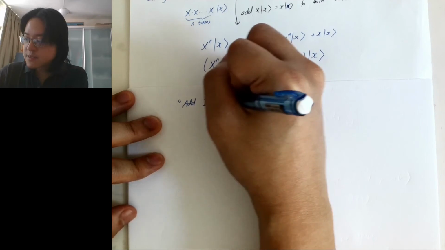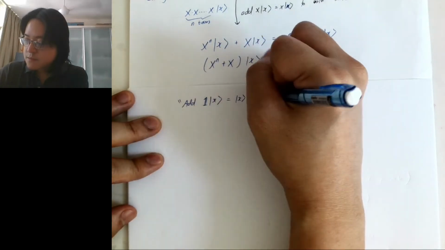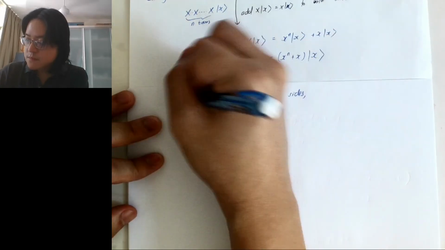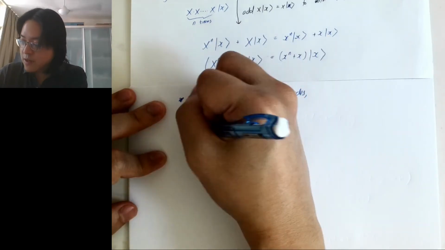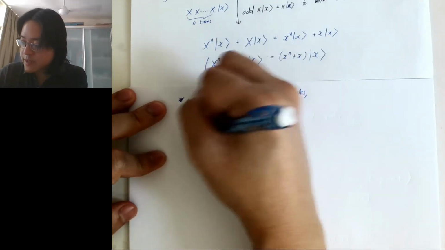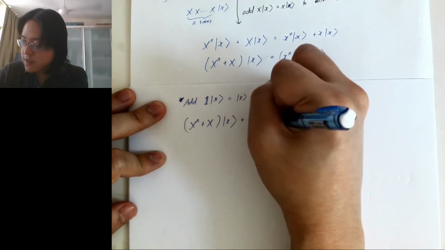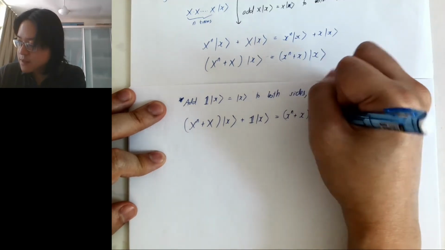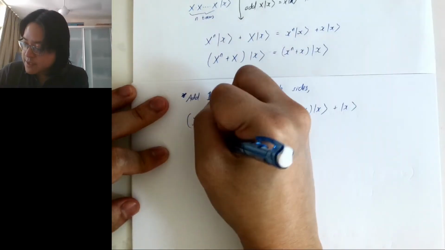Yes, add 1 to both sides. I think it is very clear what is happening here. If I add 1 to both sides, it's like plus 1 times the state, so it's just x to the power n plus x plus 1, and I can factorize this as well.